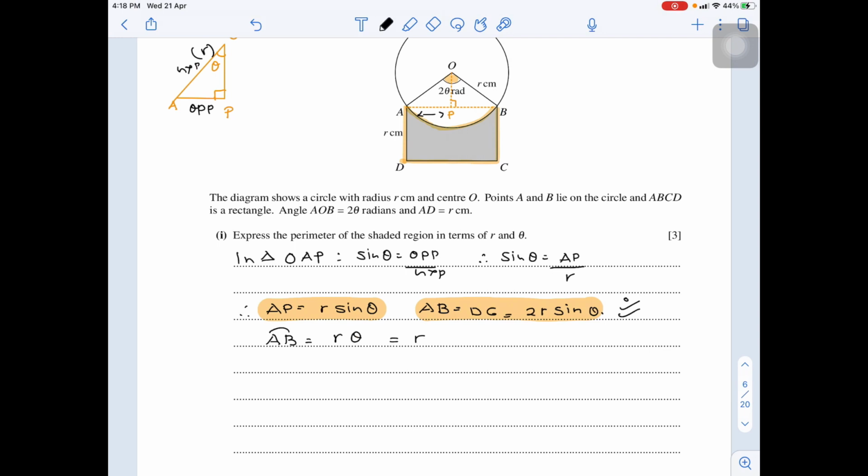Now arc length AB is r theta. Here r is r, but theta is 2 theta. So arc length AB is 2r theta. I got that.